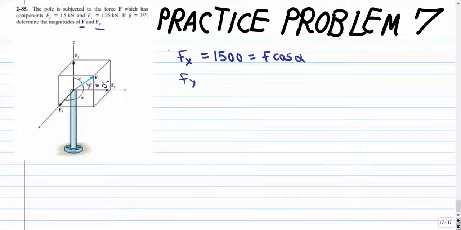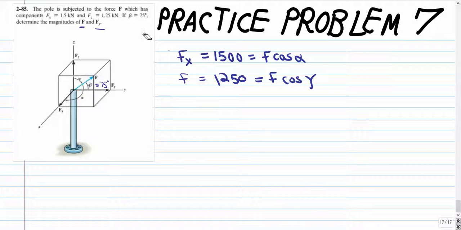Let's move on to the next component. It is equal to 1.25 kilonewtons, or 1250 newtons. It is also equal to the force F cos of the angle gamma. Sorry, this is not the y component, this is the z component.